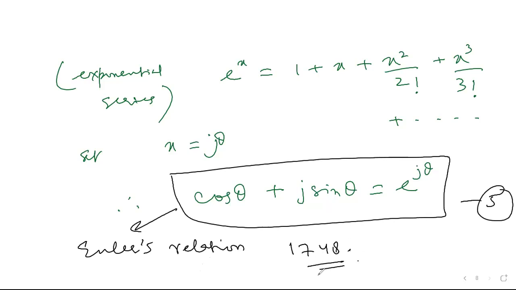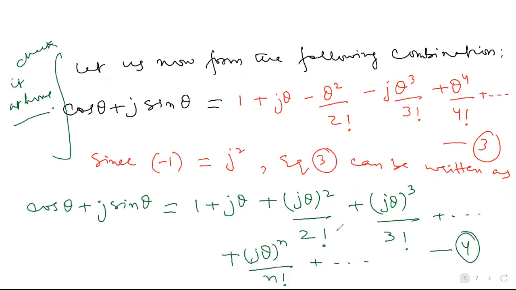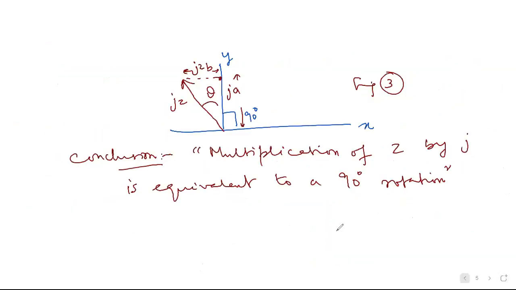Now we want to give the geometrical interpretation of Euler's relation. So for that, we have to draw a diagram. We will name that figure 4.